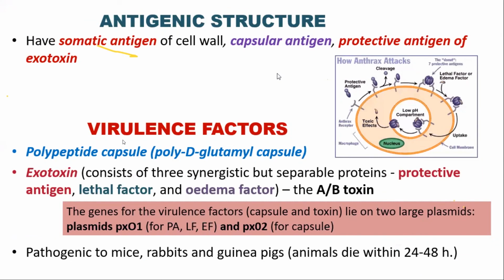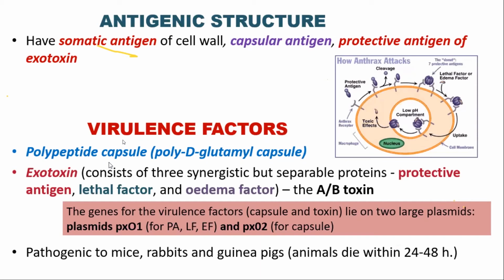Antigenic structure is by cell wall components, capsule antigen, which is protein, and it releases exotoxin that includes protective antigen. One of the parts of exotoxin is known as protective antigen, and it is protective actually, and it is an antigen.